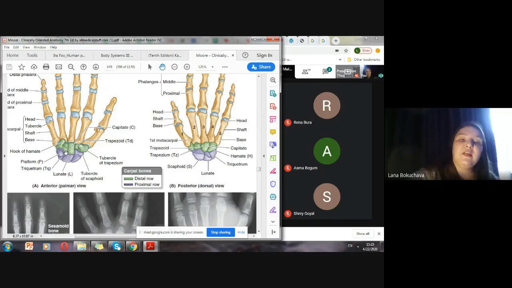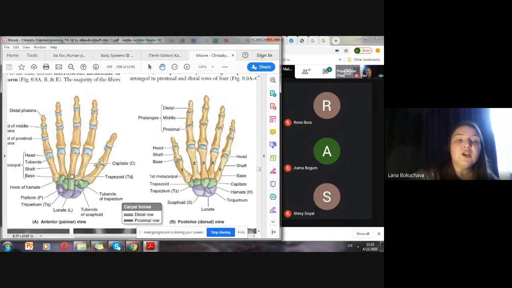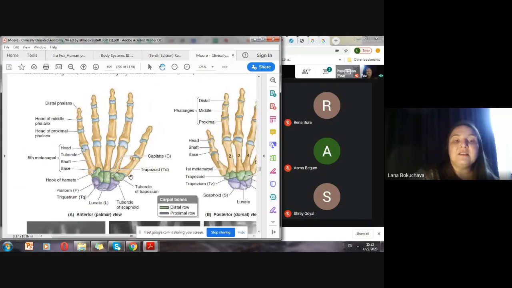So the next part of the hand, bony structures. If these were the carpals, here we do have the metacarpals. The metacarpals, as you can see, are composed of several parts. First of all, they look like long bones, having the region of the shaft, the base which is more proximally localized always, and the head with the small tubercles here.